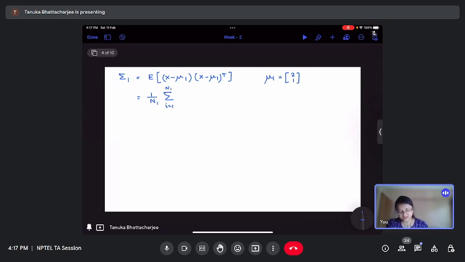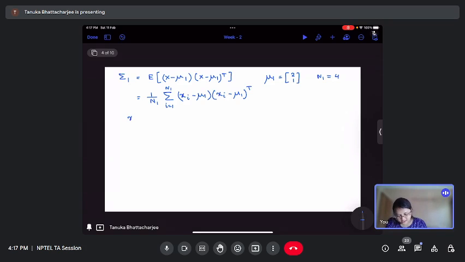Here I am taking N1 as the number of samples present in the first class omega 1, which in this case is 4. So, the formula will be 1 by N1 summation over i of (xi minus mu 1) into (xi minus mu 1) transpose.